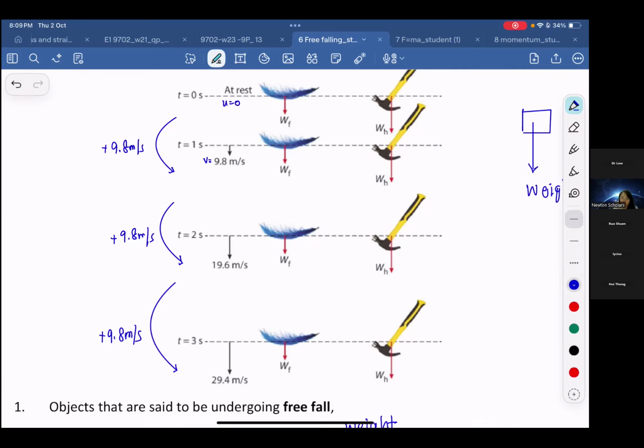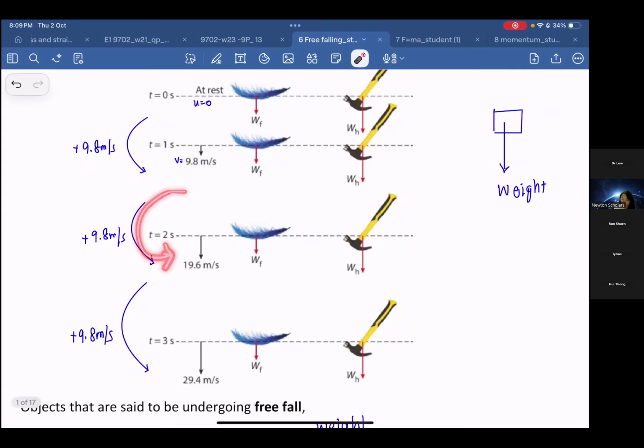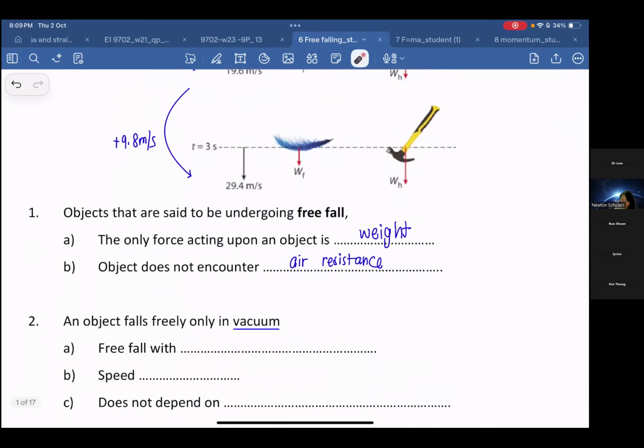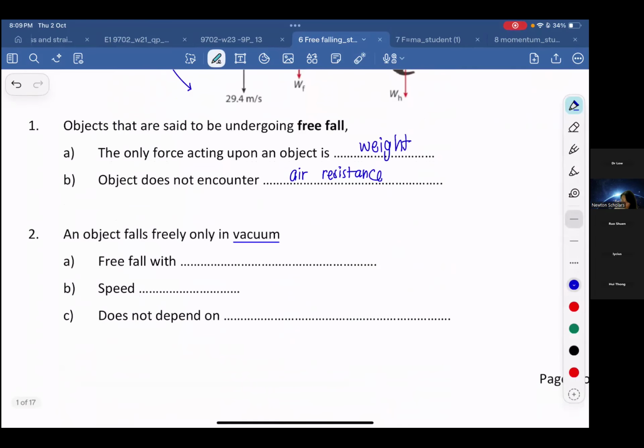So how do we describe the motion? It is acceleration, and it is constant acceleration. Every 1 second, they increase by 9.8 meters per second. Every 1 second, they increase again. Can you see that the speed increases? We call it acceleration, and this is constant acceleration.